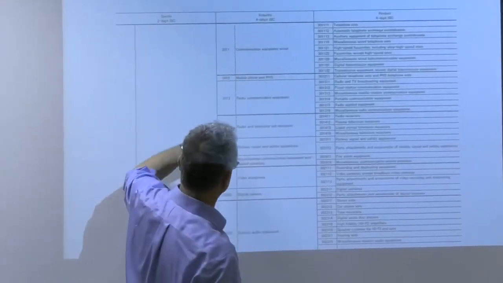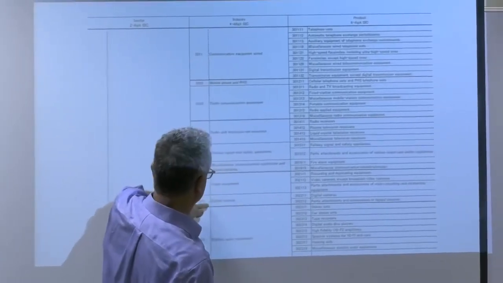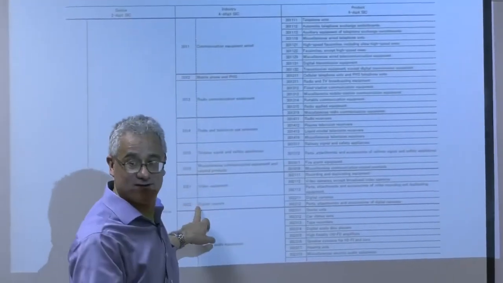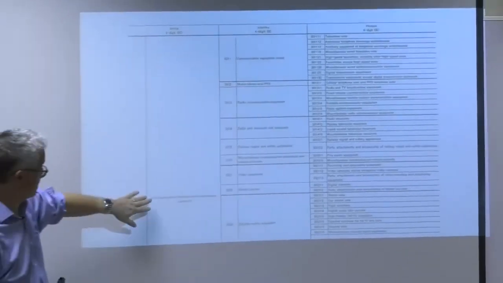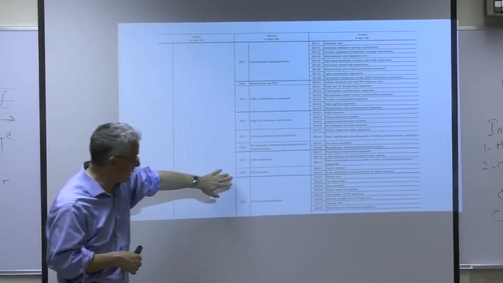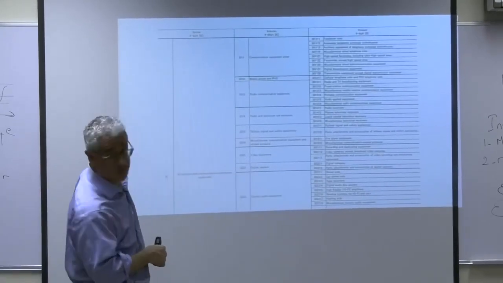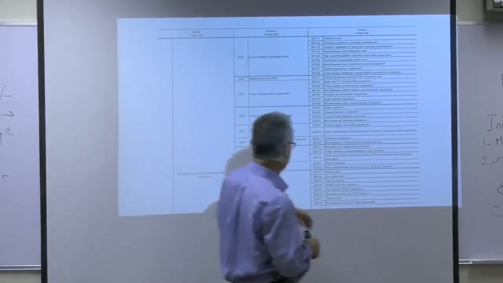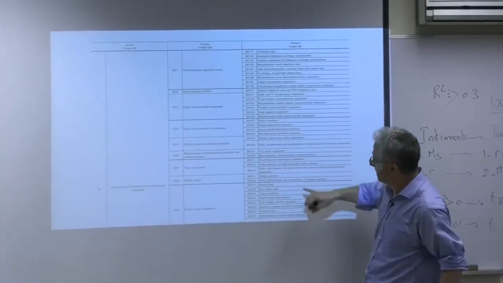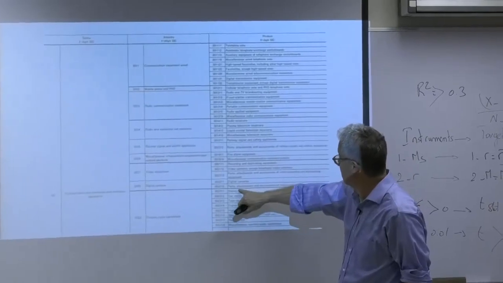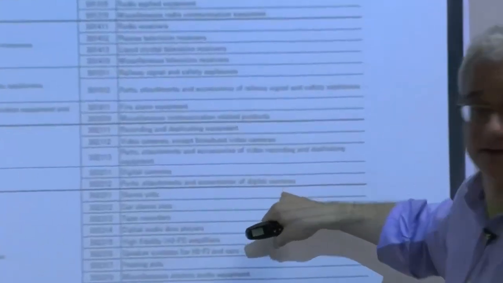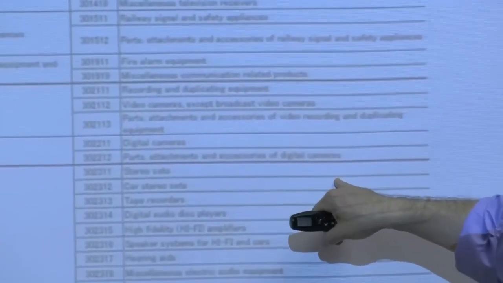The industry would be digital camera. So this is part of the information and communications. And digital camera will be what's called an industry, and of that, the product will be digital camera and parts, attachments, and accessories of digital cameras, right?